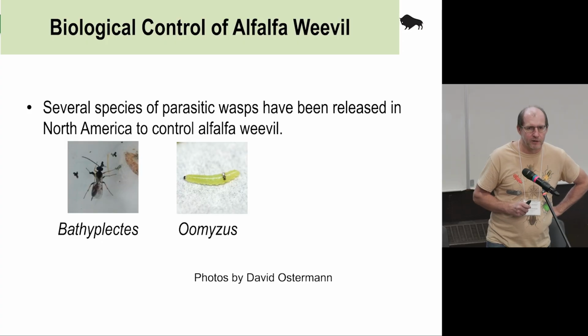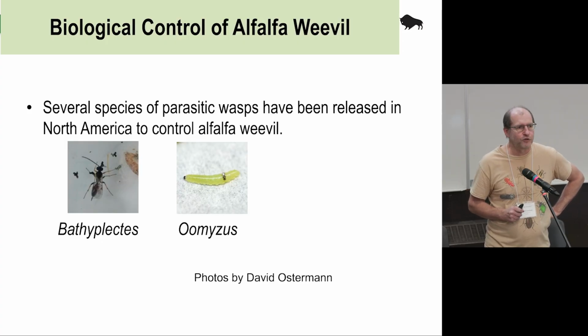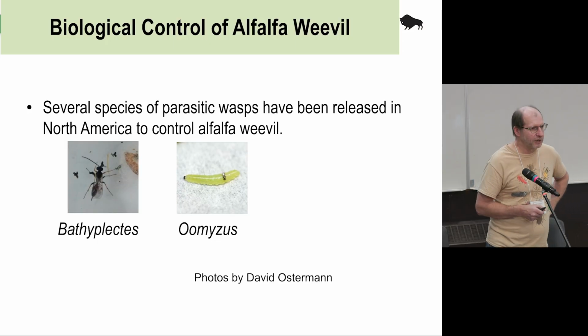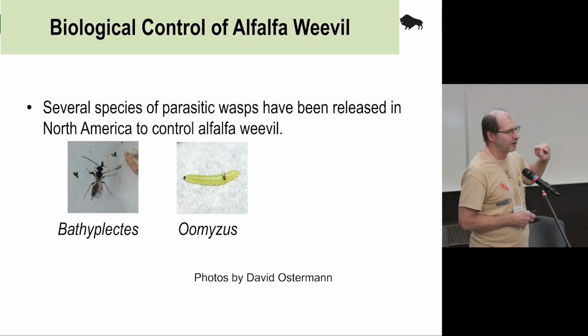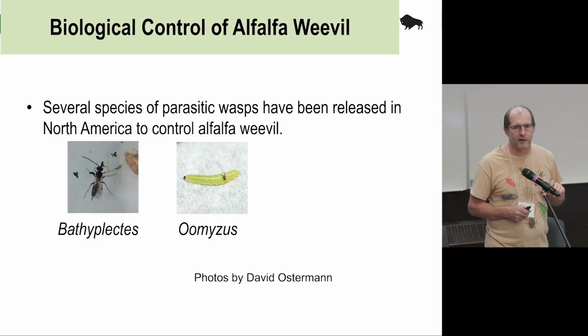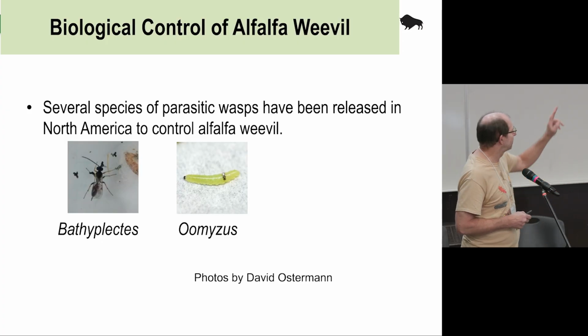And I should mention that a huge driver for alfalfa weevil cycles is parasitoids. One in particular, the one on your left, Bathyplectes curculionis. There's no easy name for it, sorry about that, but it is our most effective parasitoid for alfalfa weevil. It probably is a big determinant in what drives their cycle. It will parasitize the larva.